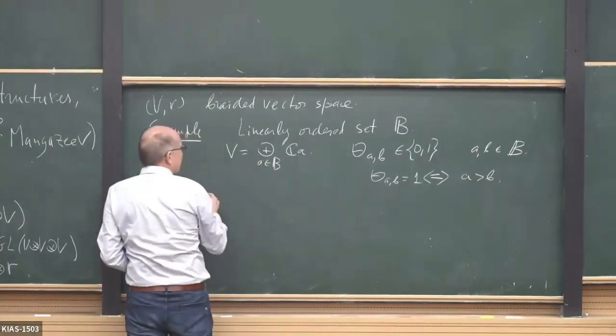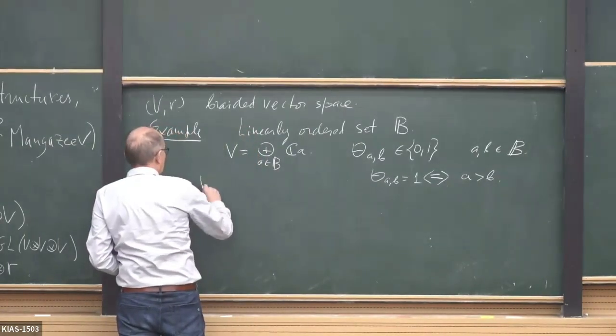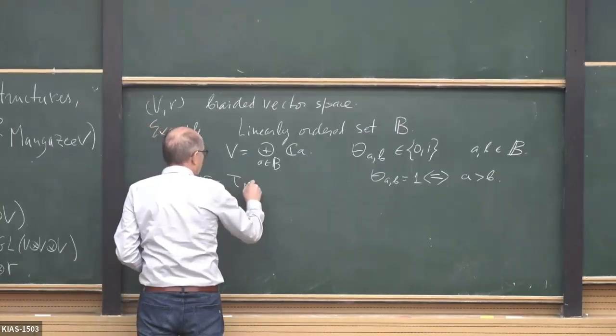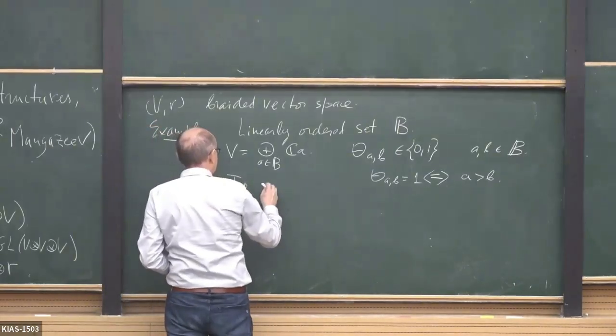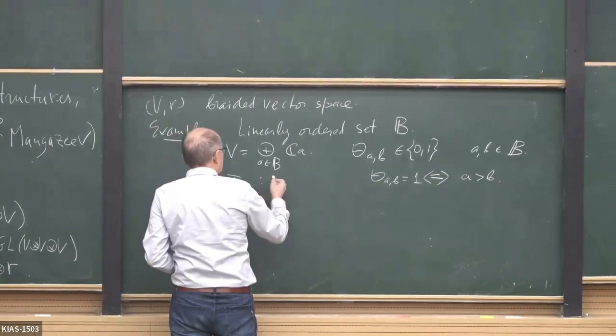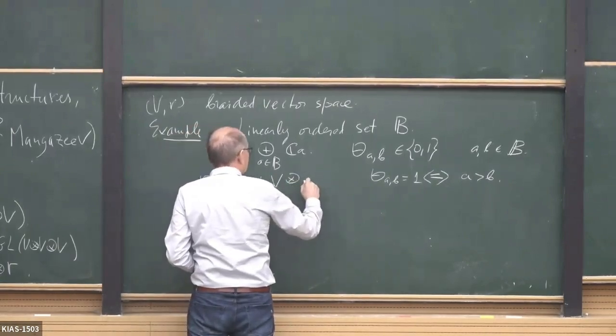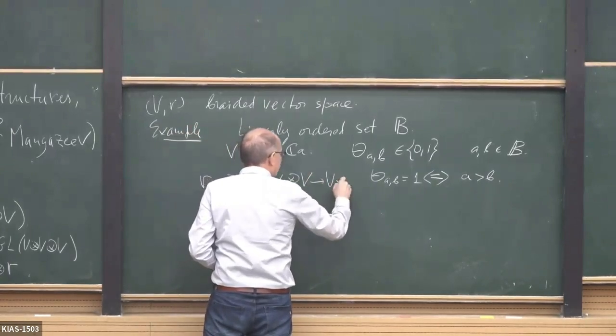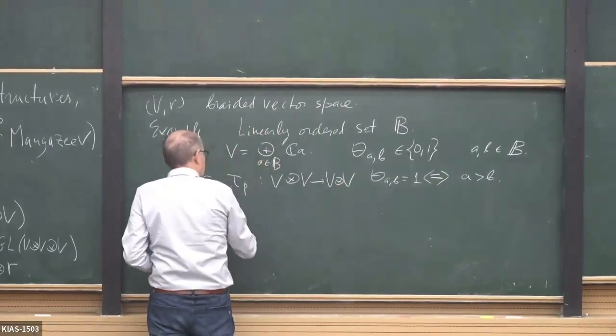And then we define R to be tau P, the map from V tensor V to V tensor V, which is the following.